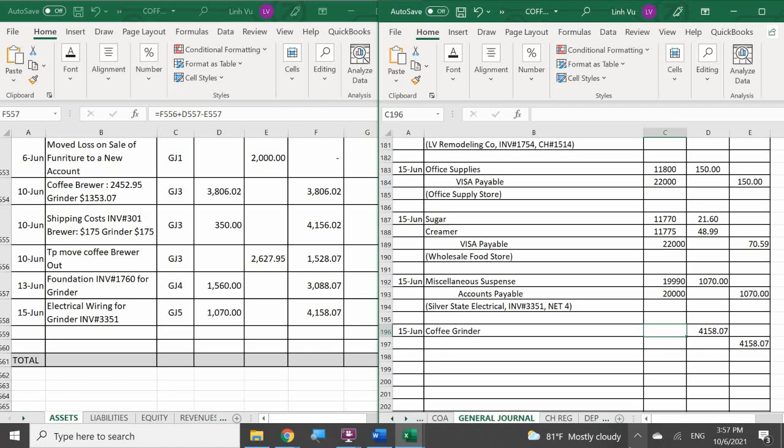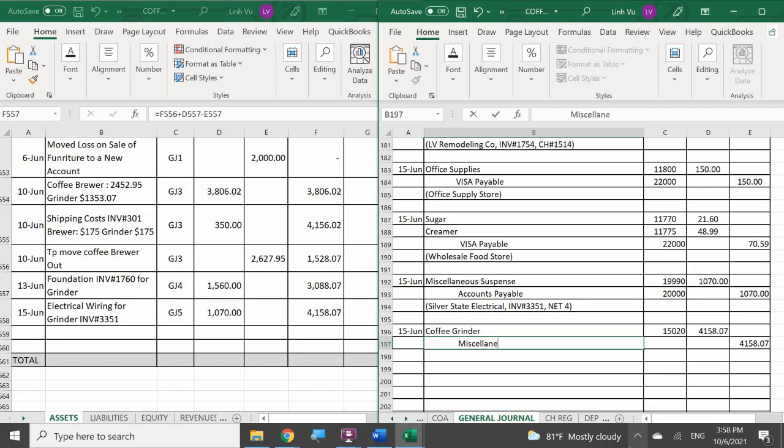Coffee brewer equipment, 1520. Okay. And miscellaneous, yes, we're going to be taking it out from miscellaneous expense.